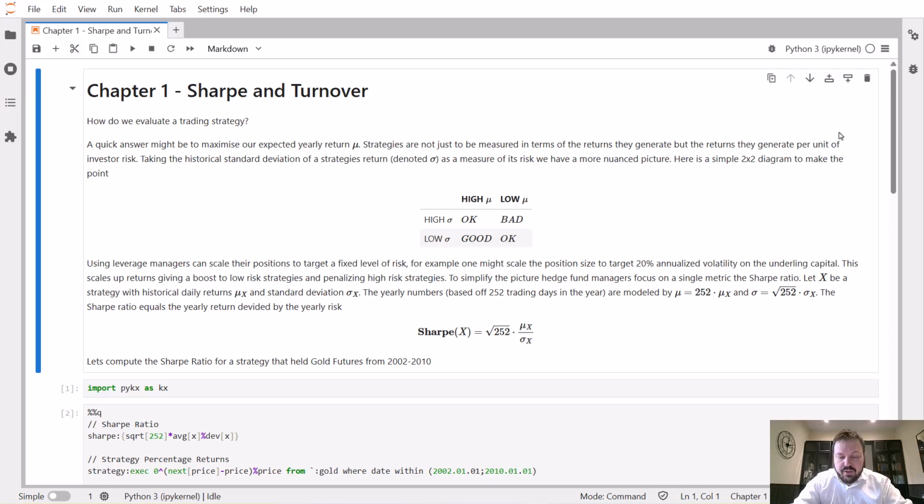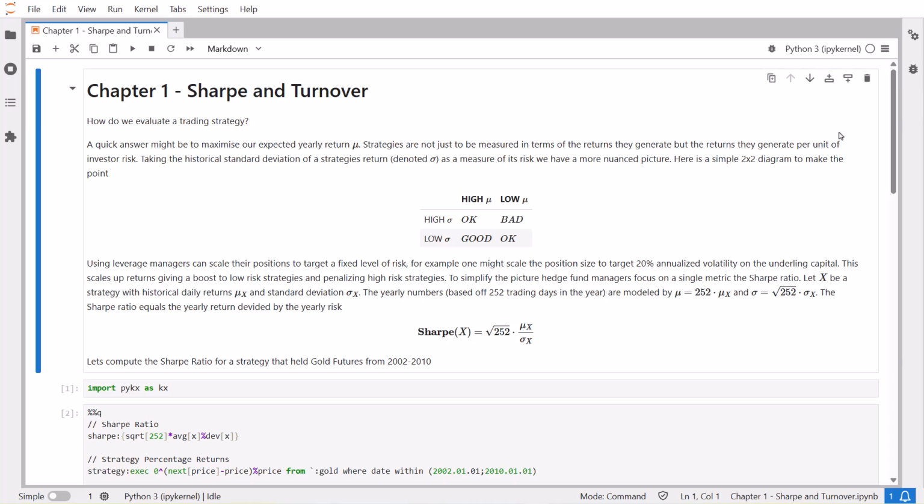So the first thing we might think we want to optimize when we have a trading strategy is the expected amount of money that we're going to make. And that's not a bad place to start, but the expectation is only one value. So we know there's some potential uncertainty in the returns we're going to generate from our strategy, just due to the randomness in the markets.